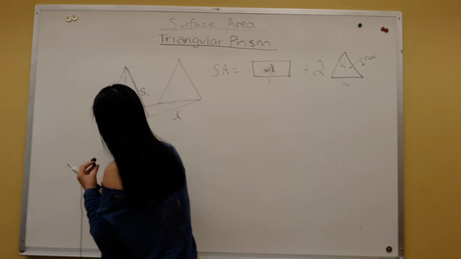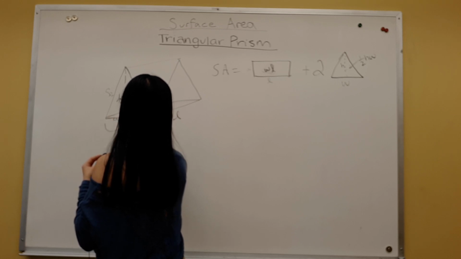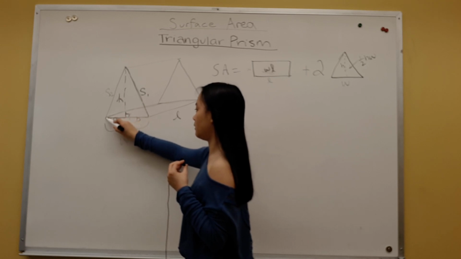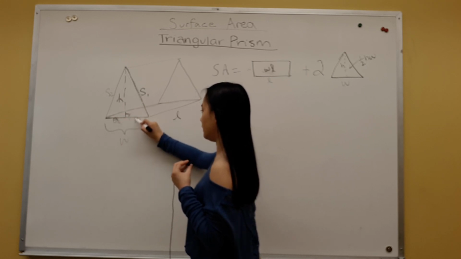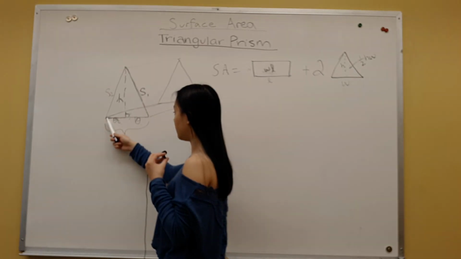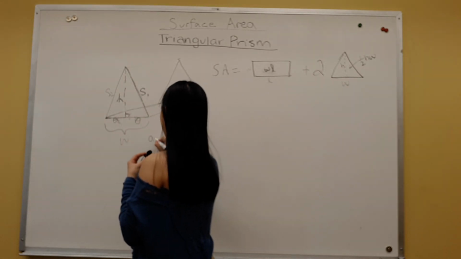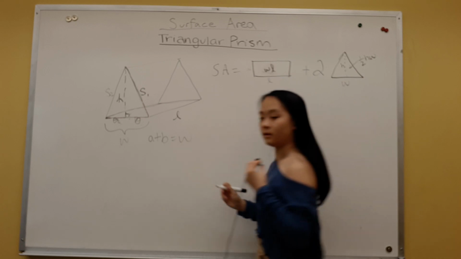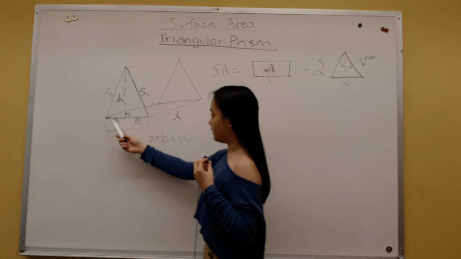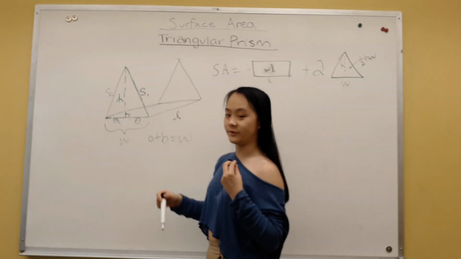Let's say that the width W is split into 2 lengths, length A and length B, which are added together to form the width. So what I'm saying is that A plus B is equal to the width W in magnitude. A and B can be defined by the different sides on the point that H drops down to the W length.